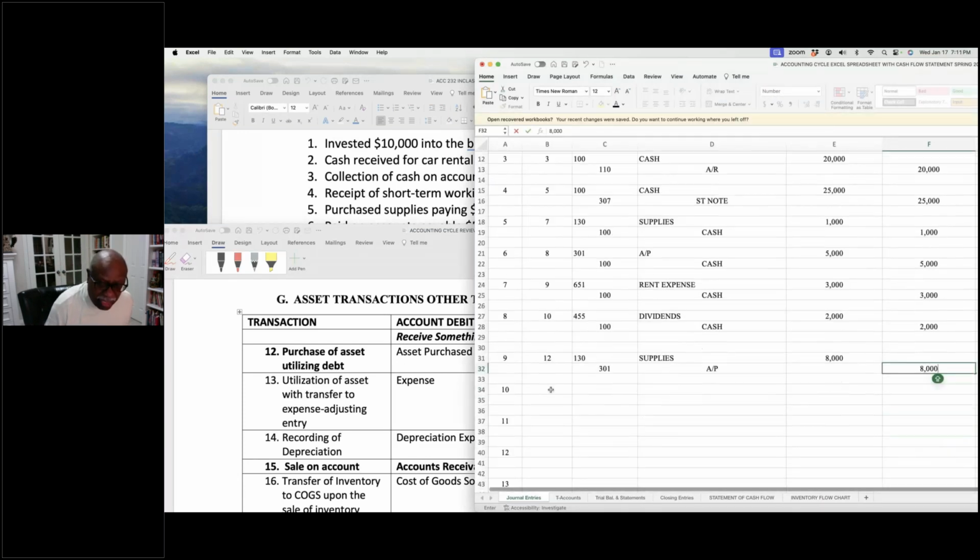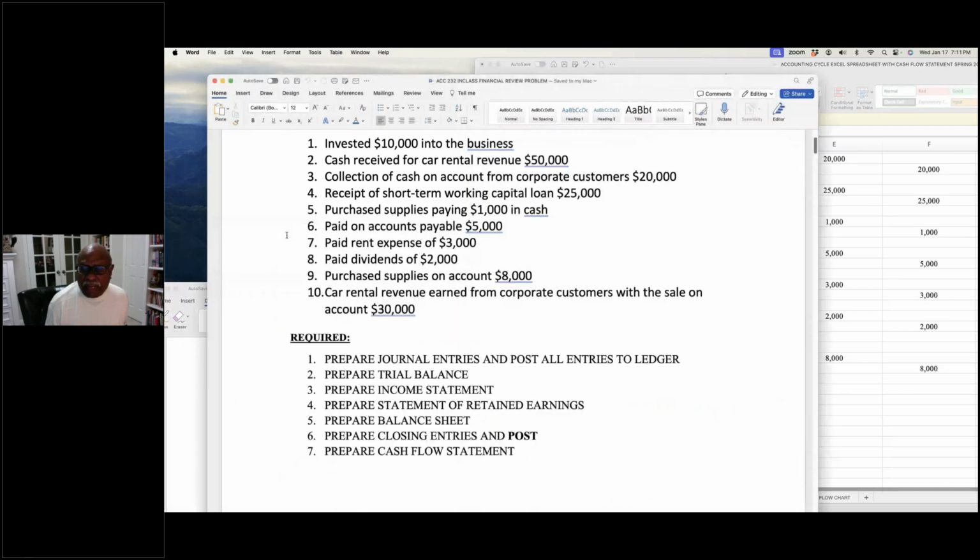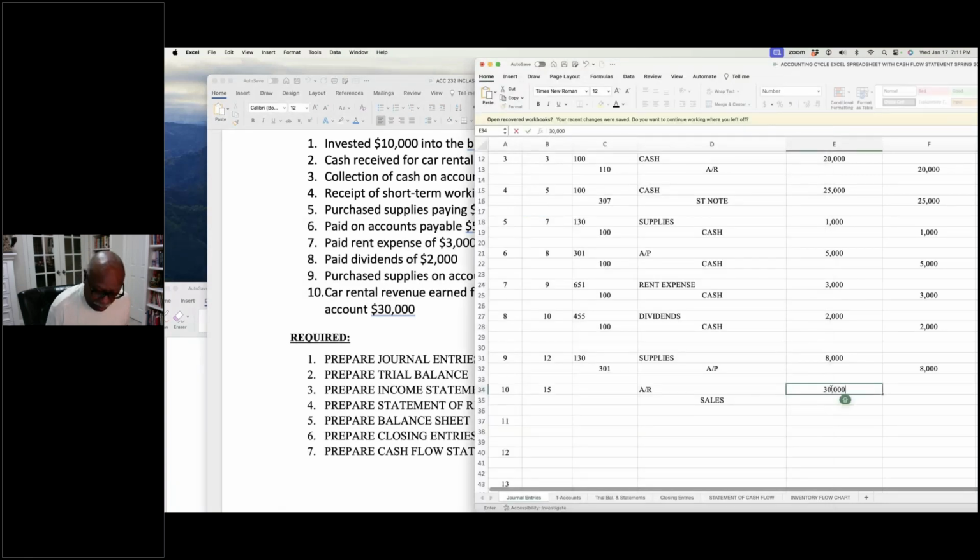So that's type 15. We're going to debit accounts receivable, credit sales, and our amount was 30,000. Accounts receivable is 110, and sales is 100.